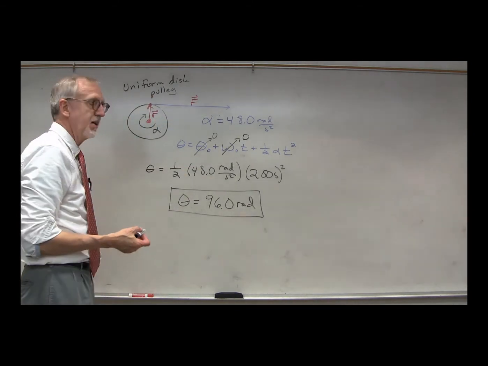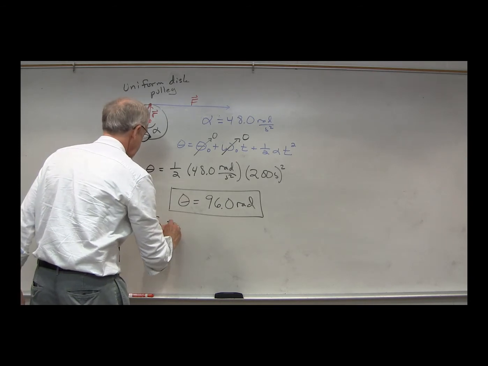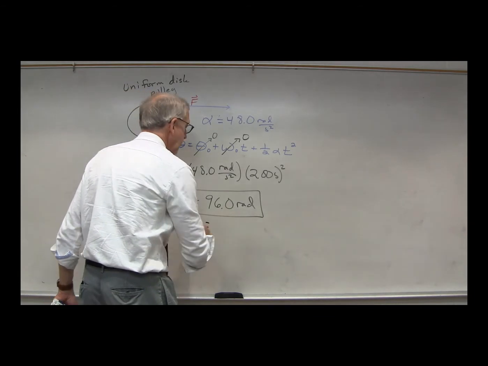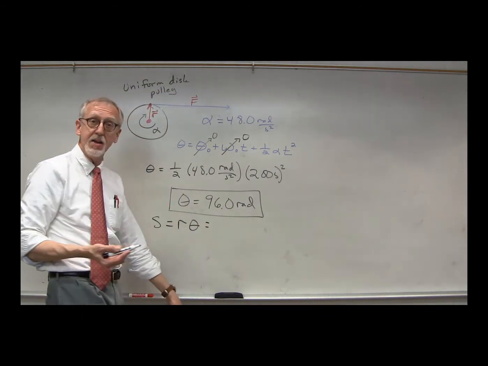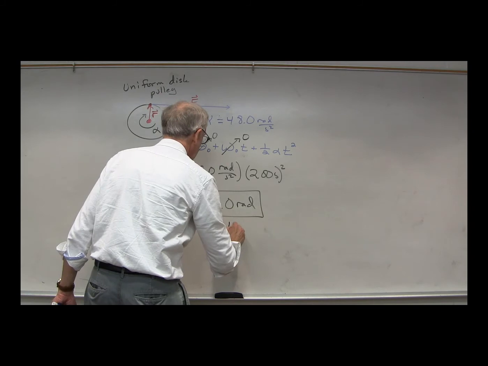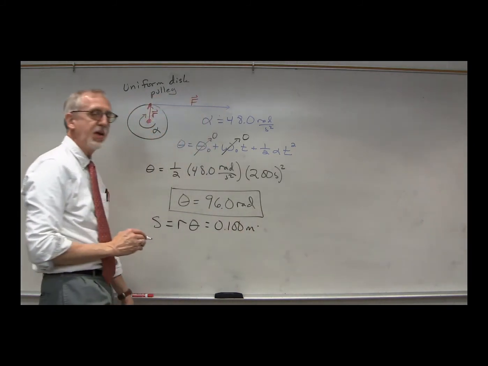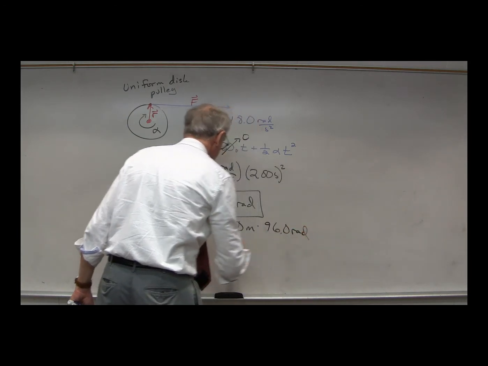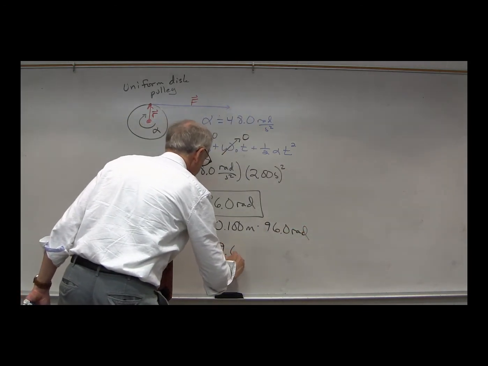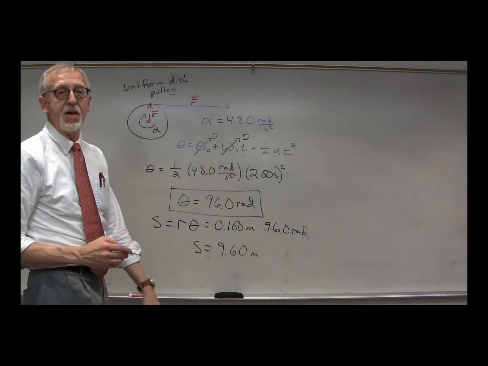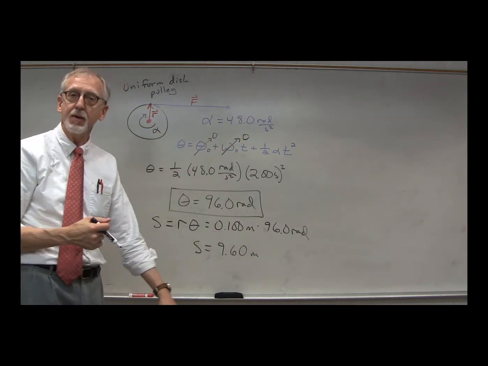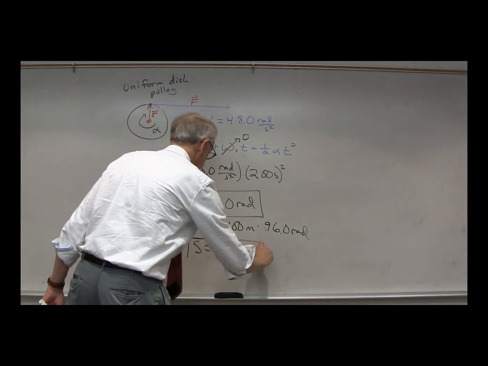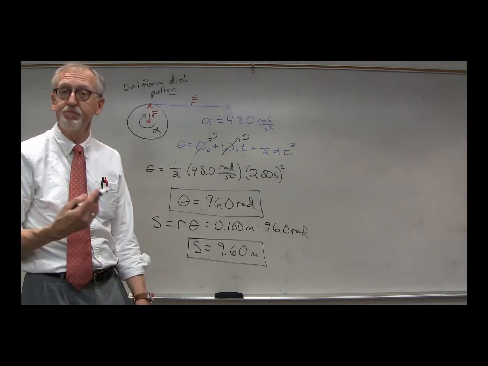Well, we know the arc length, S, is equal to r theta, where r is the radius of the wheel, and we know that is 0.1 meters, so 0.100 meters times theta, which is 96 radians, and we get that that arc length, or the length of string that has to be pulled off, is 9.60 meters. And there we go. There's the answer.